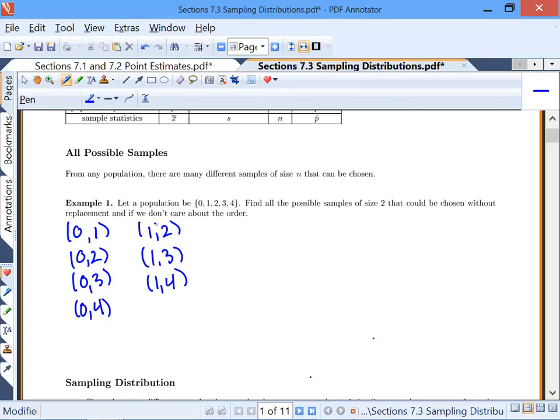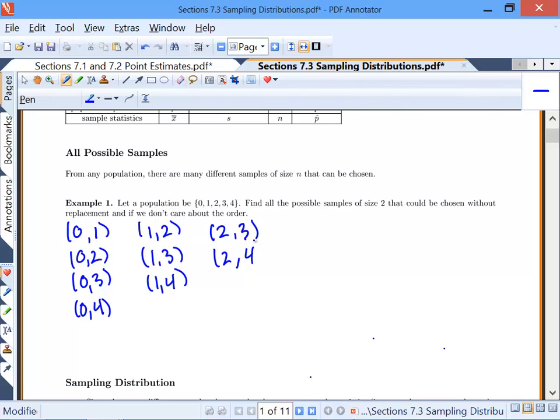Notice I don't have a 1, 0 because we said order doesn't matter, and I don't have a 1, 1 because we're doing it without replacement. Then we have 2, 3, and then 2, 4.